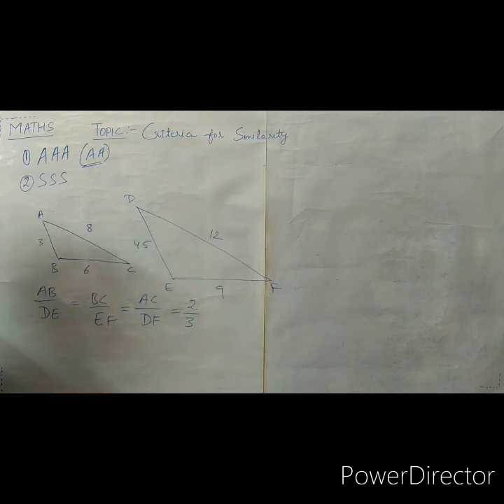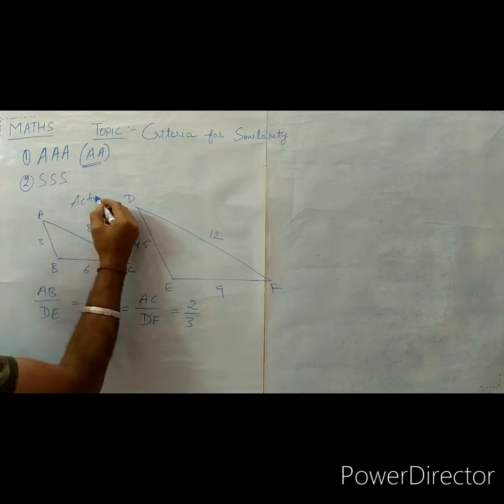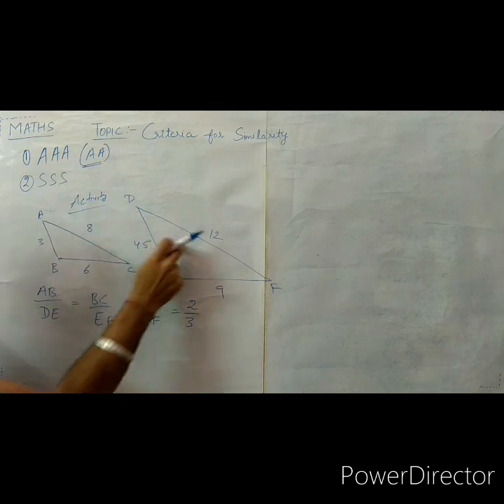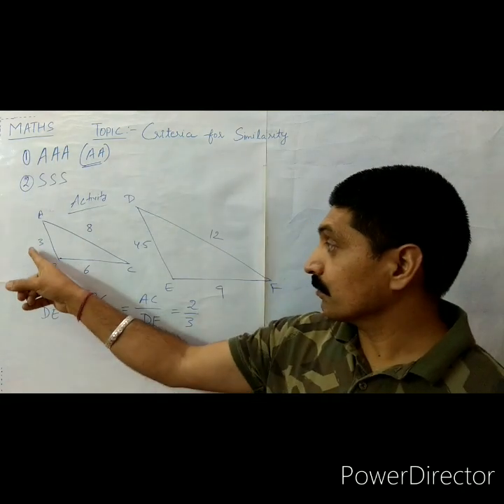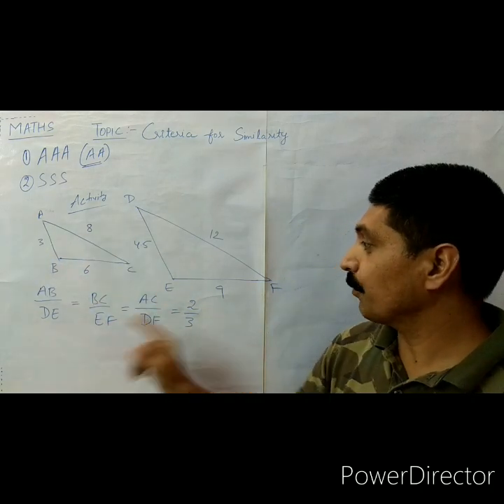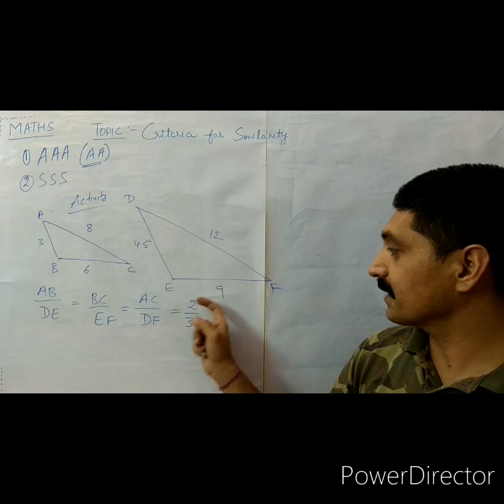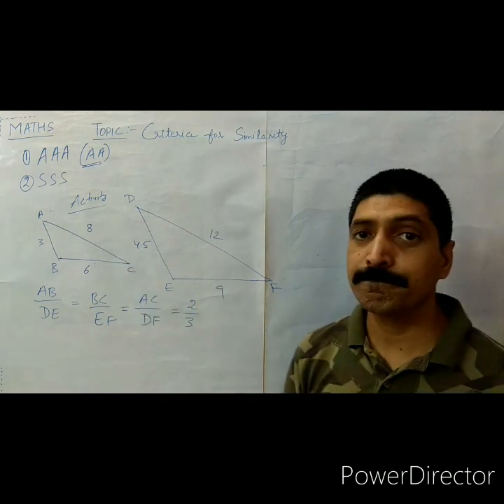We are doing an activity here, which means you have to construct two triangles in such a way that the ratio AB upon DE is 2 by 3, BC upon EF is again 2 by 3, and the same for the third side AC and DF.